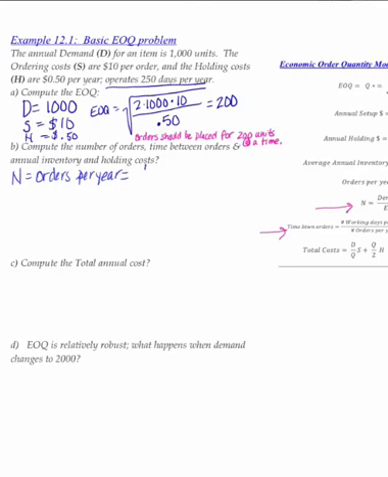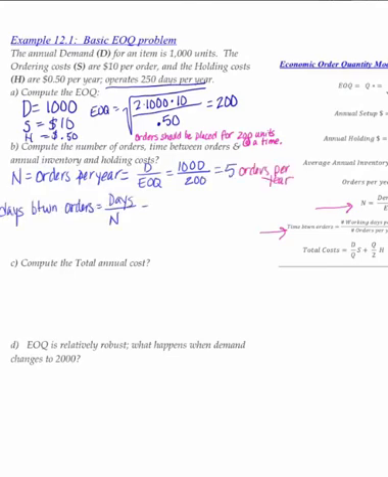That's annual demand divided by EOQ, which is what we just computed. So we have 1,000 divided by 200, and that means we're going to have 5 orders per year. So days between orders are calculated as the total number of days, which is 250, divided by N, which is our 5 orders per year, which will give us 50 days between orders.